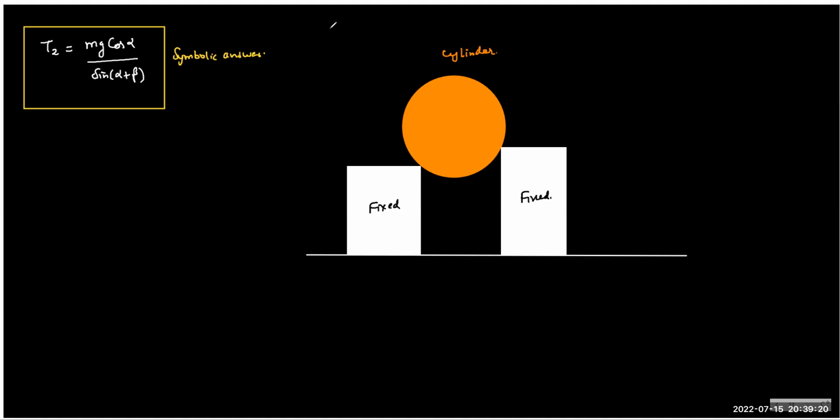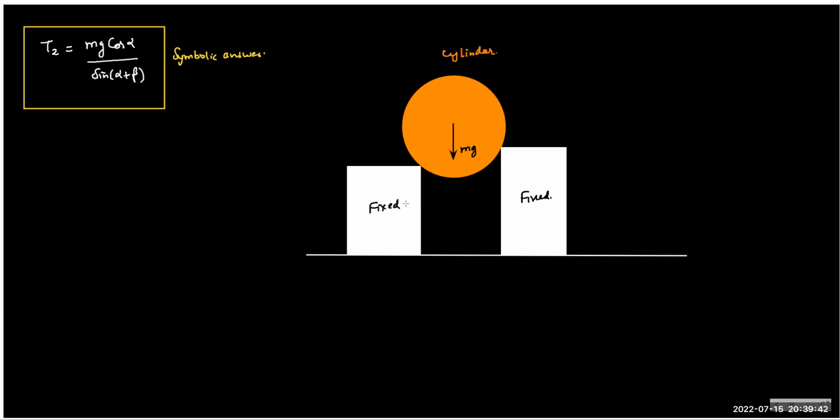So definitely gravity will try to pull this down, right? There is no option. Okay, so gravity is trying to pull it down for sure.